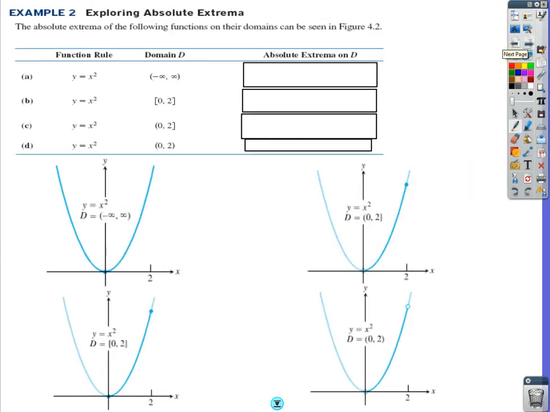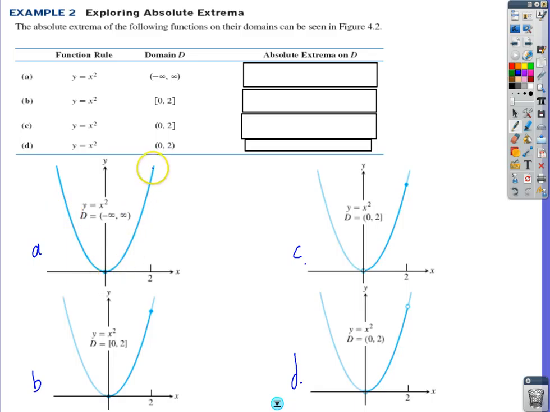So what takes apart about this is where can I find absolute maximums and absolute minimums? It all depends on what my domain is. Okay? So when I take a look at the domain, all these functions are x squared, but my domain changes for each of them. So on this one here, you might want to label these to correspond with there's A, that's B, this is C, and this is D. And what I'm going to be looking at is, okay, for my domain that's going from negative infinity to positive infinity, do I have an absolute maximum?